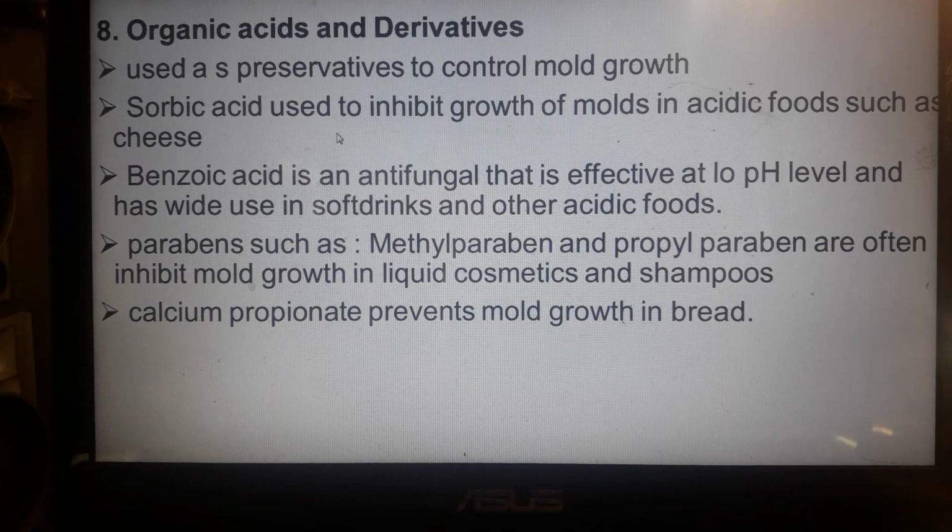Okay, we have organic acids and derivatives, used as preservatives to control mold growth. Okay, sorbic acid is used to inhibit the growth of molds in acidic food such as cheese. Kasi yung molds, ito yung nagka-cause ng pagpanis ng mga kanin. Yung kita mo, may mga molds yan.